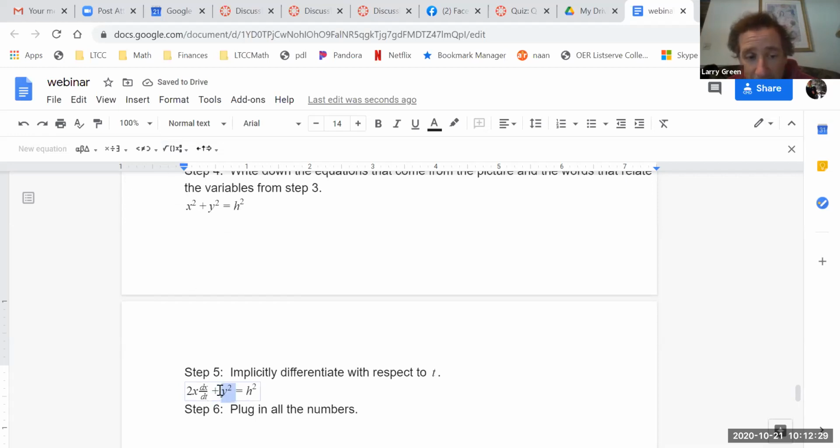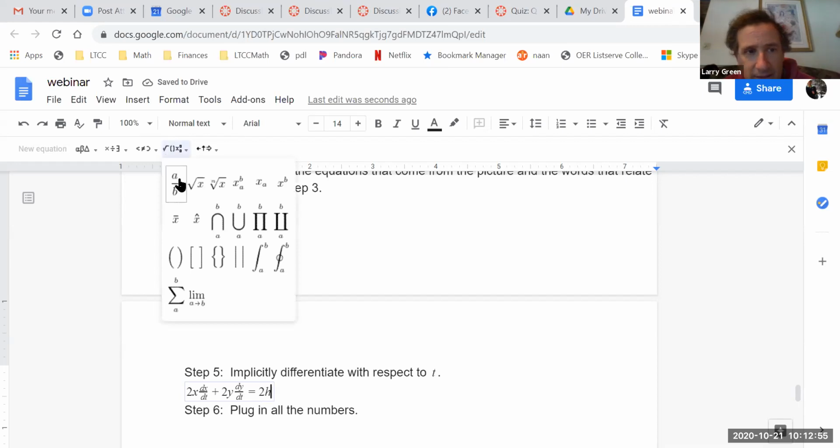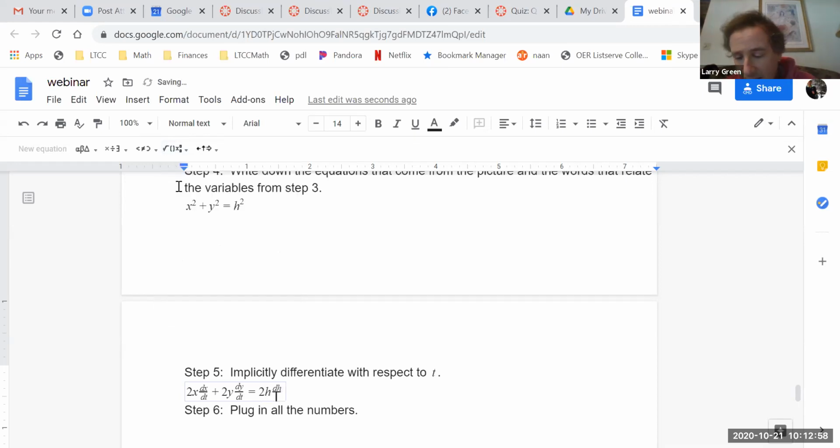And the derivative of y squared? That should be easy. Right, same idea. 2y times dy dt. And the derivative of h squared is 2h times dh dt. Any questions on that?